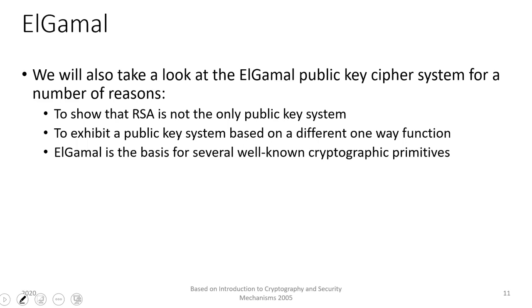ElGamal is also there, and one of the main differences is that it is based on a different one-way function. We may also come to see that ElGamal is the basis for many different cryptographic applications.